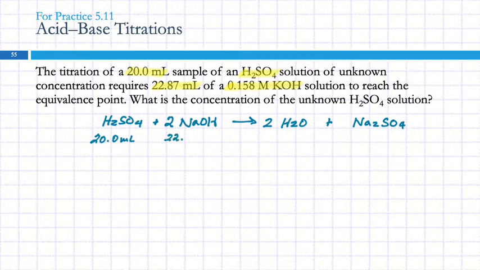They tell me there's 22.87 milliliters of the sodium hydroxide, and its concentration is 0.158 moles per liter. What are we trying to find? Concentration of the H2SO4. So that's right here, question mark, moles per liter.